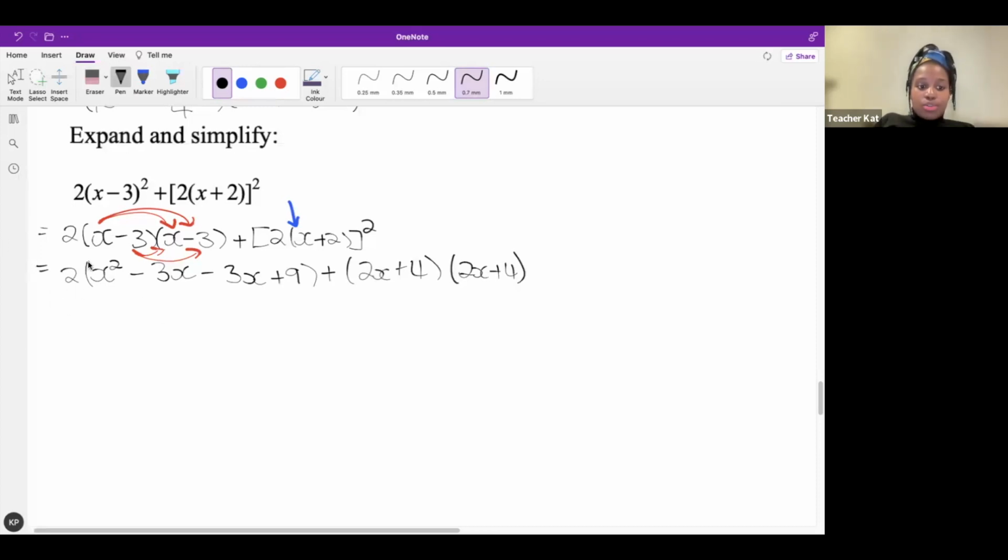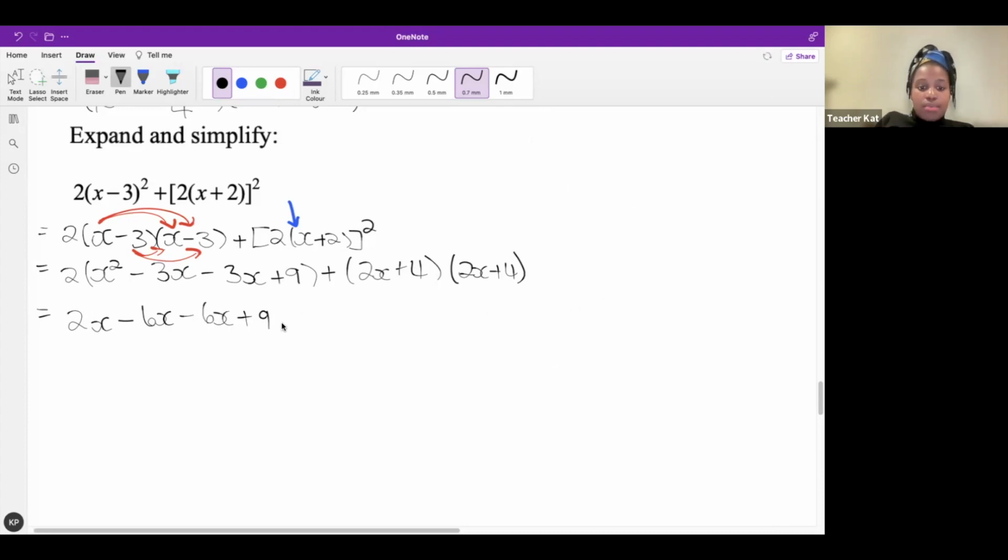Great. Now, what am I going to do with my 2 that's outside here? I'm going to distribute. 2 times x squared is 2x squared. 2 times -3x is -6x. Another -6x, plus 18. I'm going fast because I'm looking at the time.